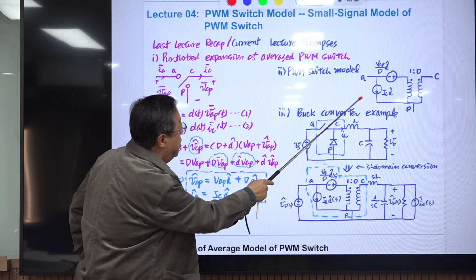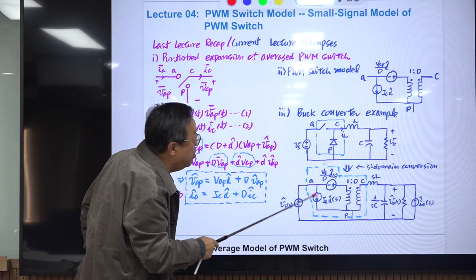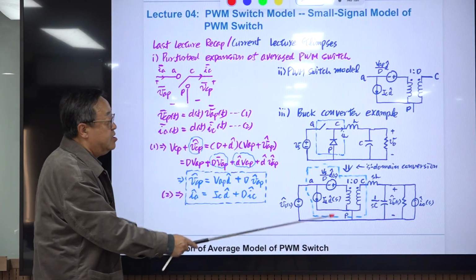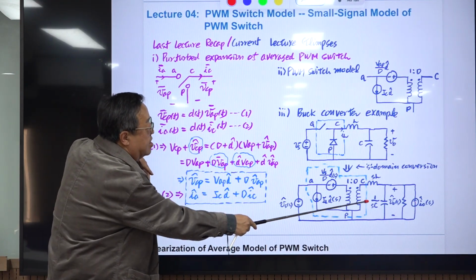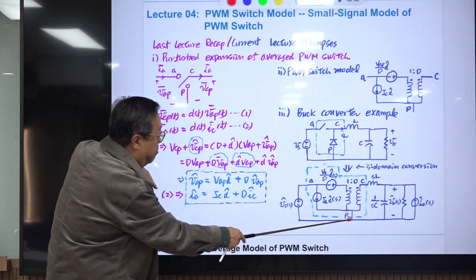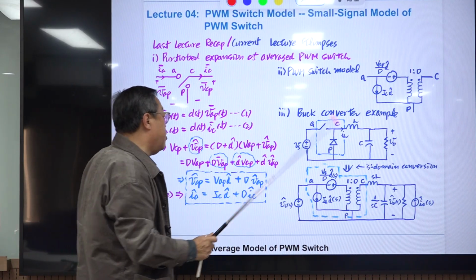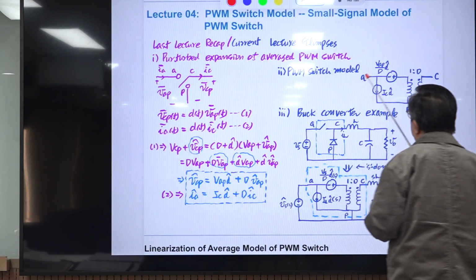So the PWM switch model is here, and the remaining part is the linear part of the buck converter. Originally it was VAP.